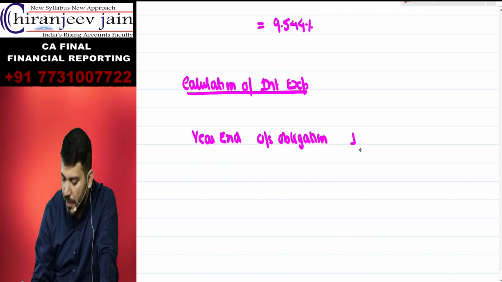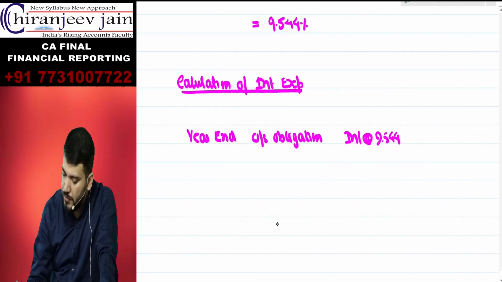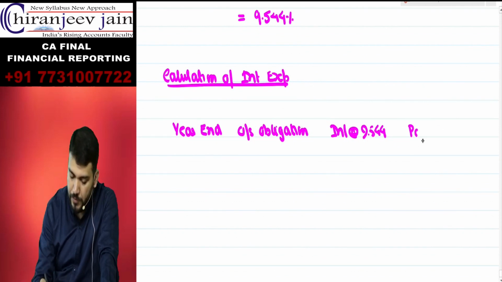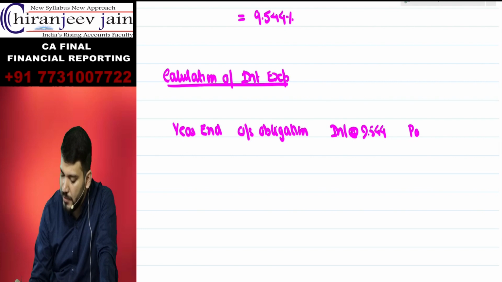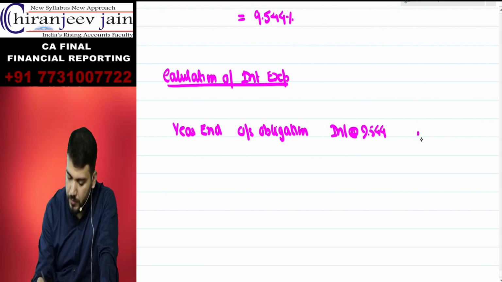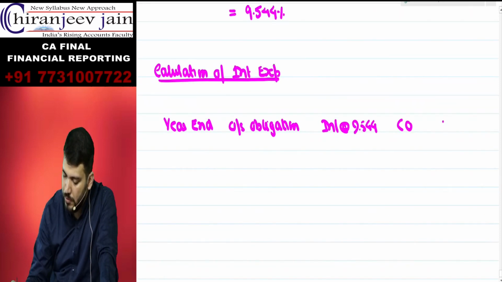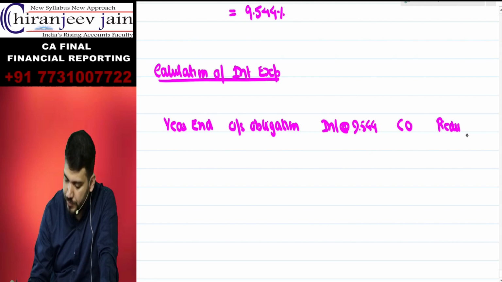Then interest at 9.544. Then what do we write? Then cash outflow, and reduction in liability.